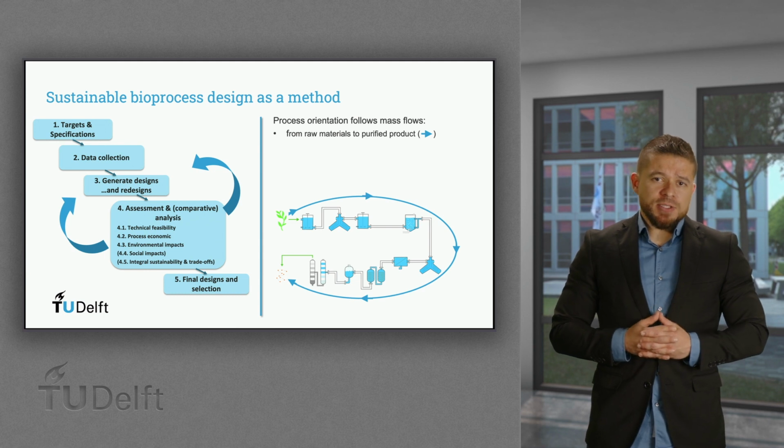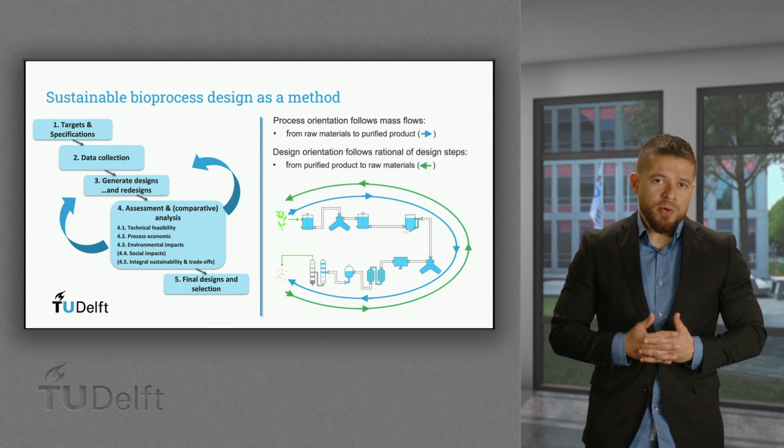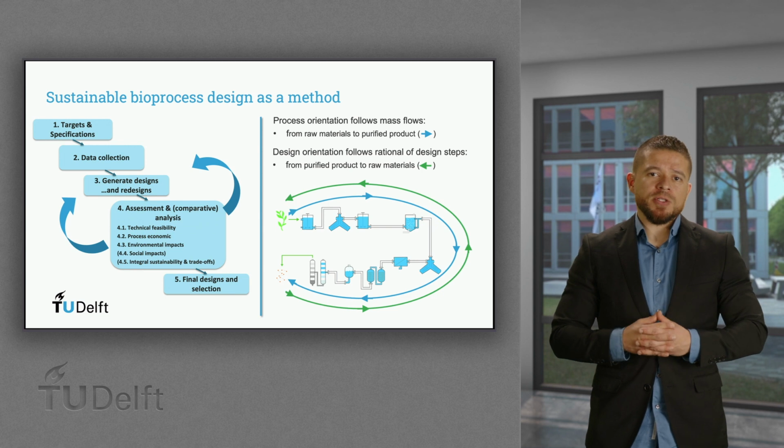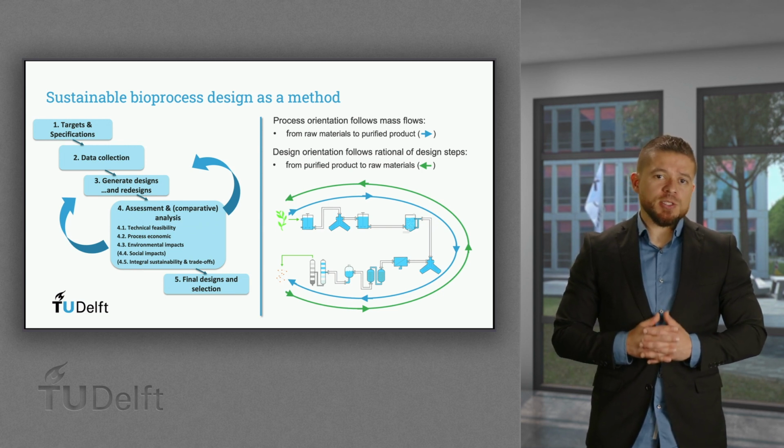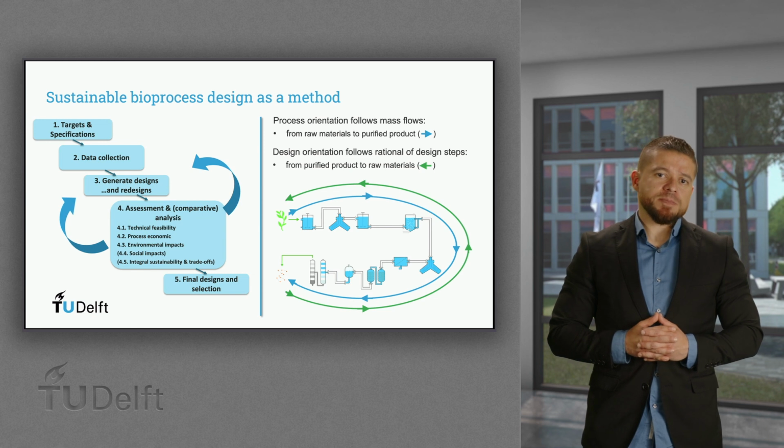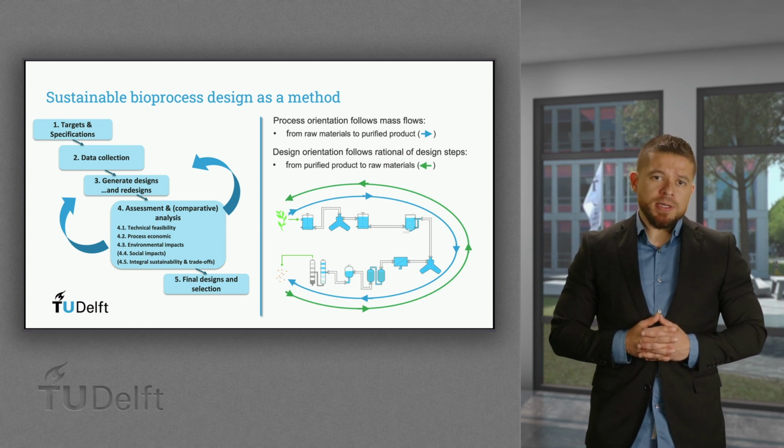But the design orientation goes from the purified product, which is usually the starting point of many design projects, back to the suitable raw materials where different options may be considered. This direction can also be used for process design. And this is very much in line with step 1, targets and specifications.